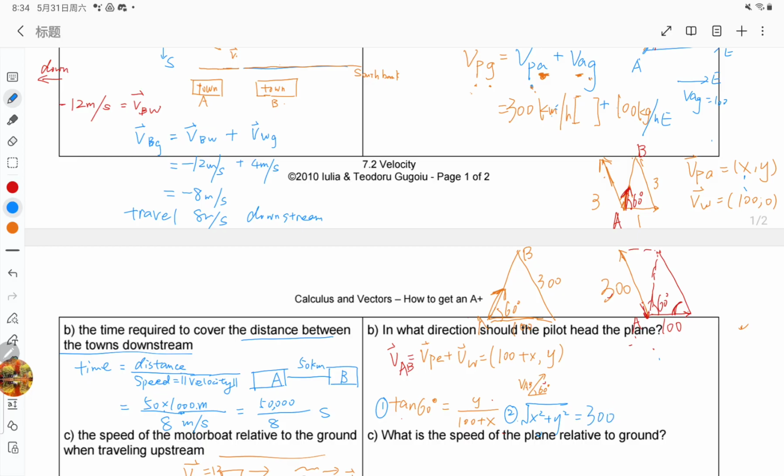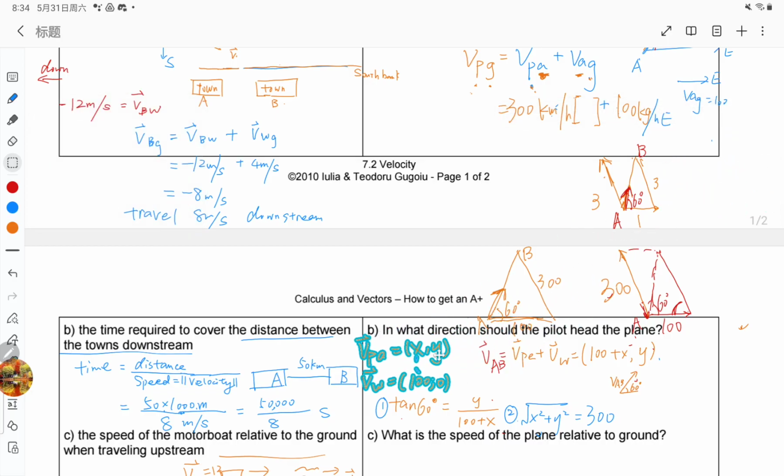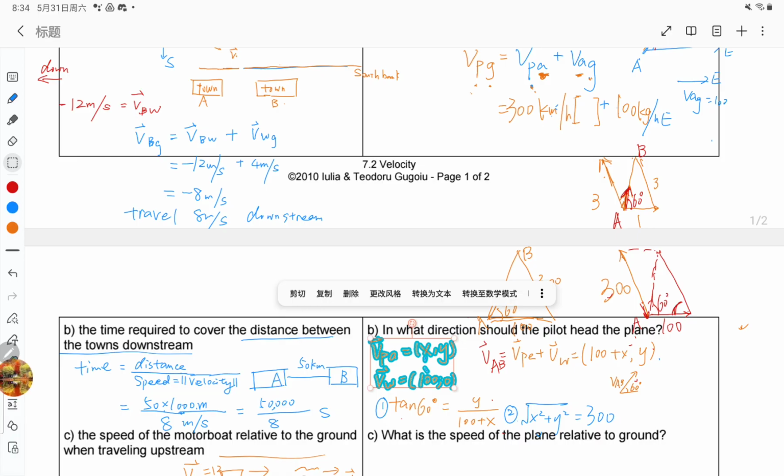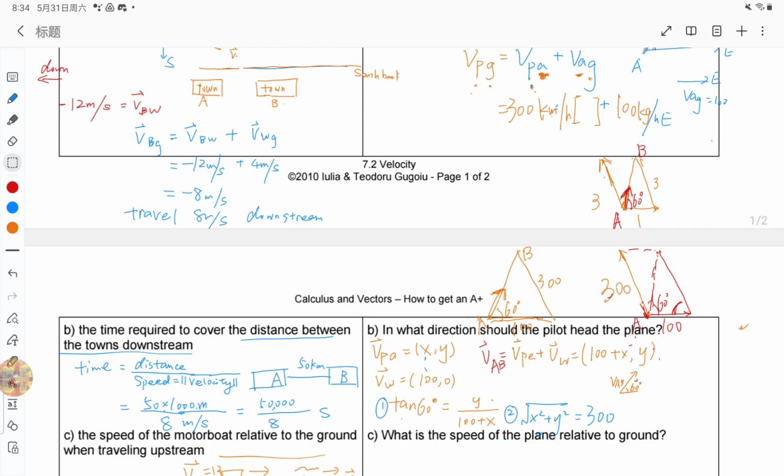And then what is xy again by definition? Because the direction of VPA is unknown, so I just set up VPA as xy, and the V wind is 100, 0. Then we can solve for x and y, right?